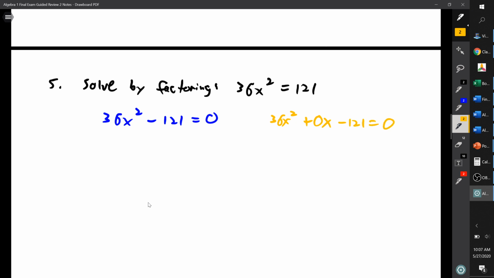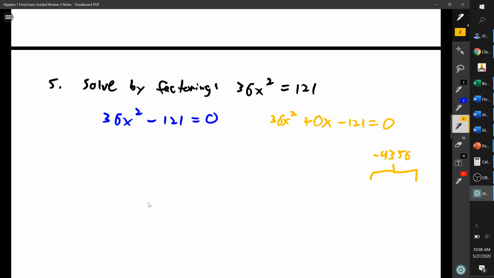And you could treat this just like a number 4 problem and do a times c. 36 times negative 121 is going to give you negative 4,356. And then you could look for two numbers that multiply to be negative 4,356 and add to be 0.